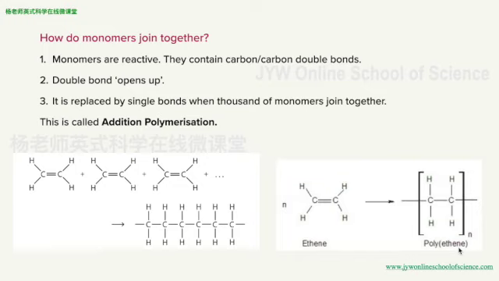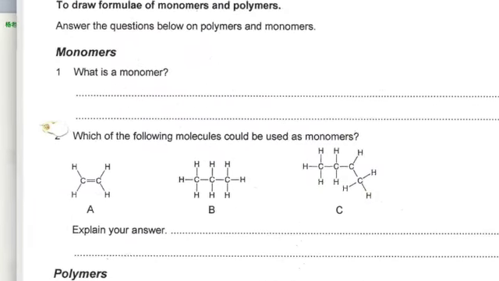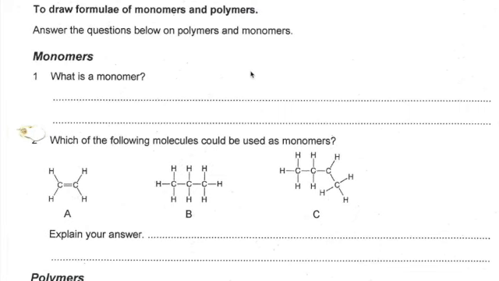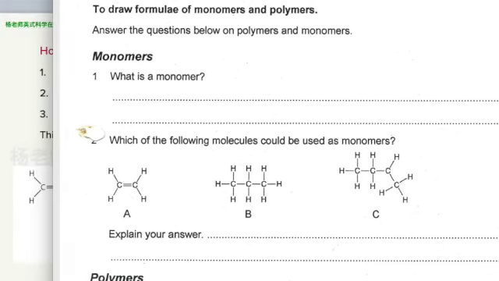Okay, so let's do an exercise, see whether you have got that. Let's look at one of these questions. It asks, what is a monomer? We learned a monomer is a smaller molecule that contains a carbon-carbon double bond.